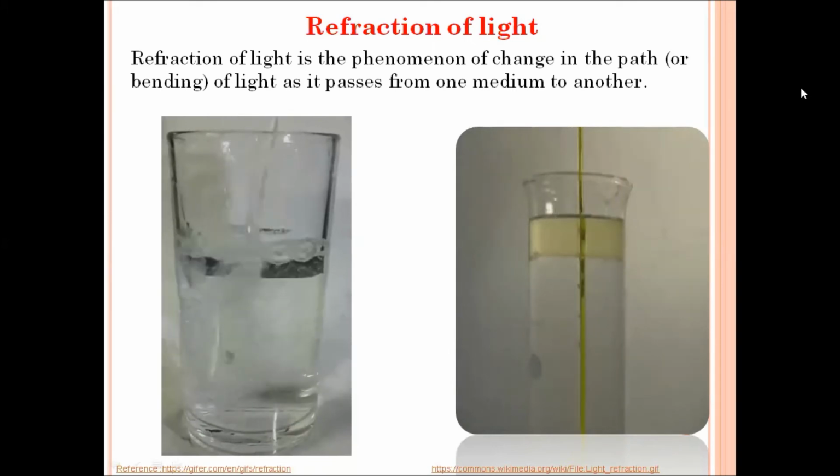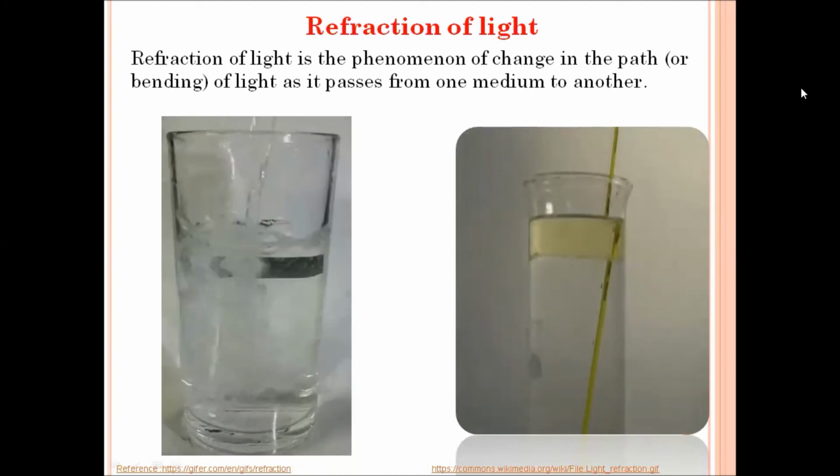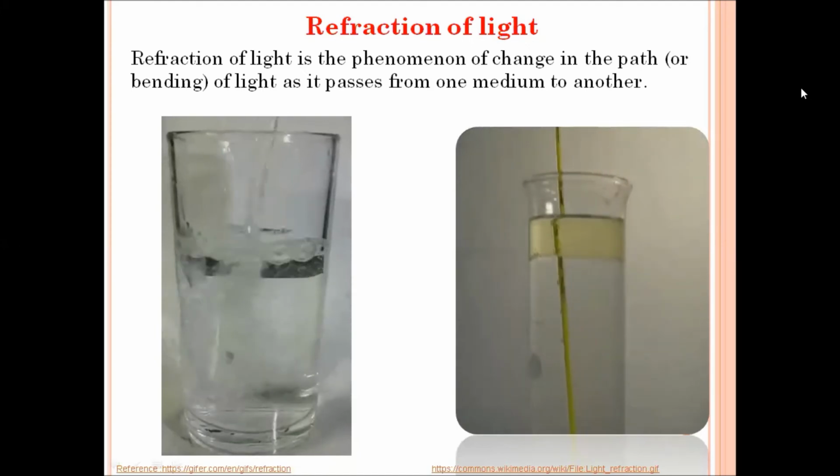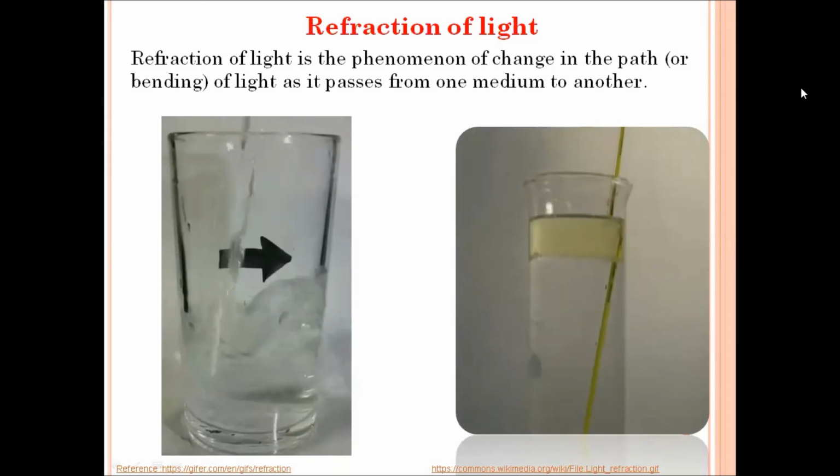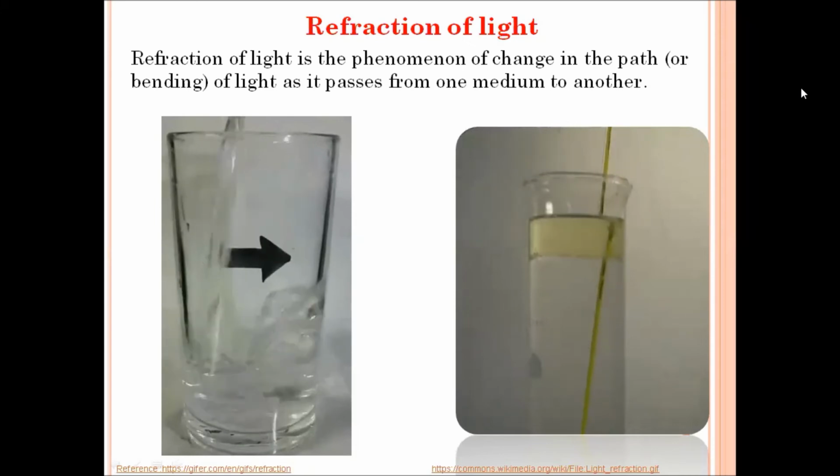Next topic we have is refraction of light. Refraction of light is the phenomenon of change in the path or bending of light as it passes from one medium to another. The following animations and pictures illustrate the refraction of light.